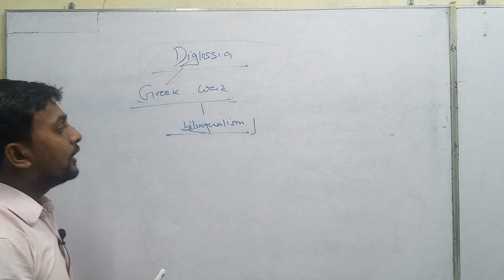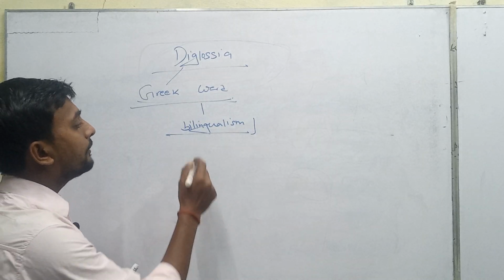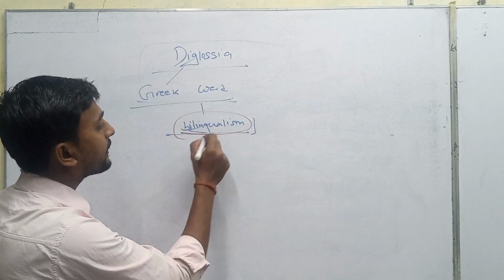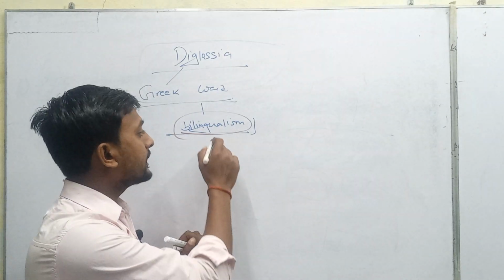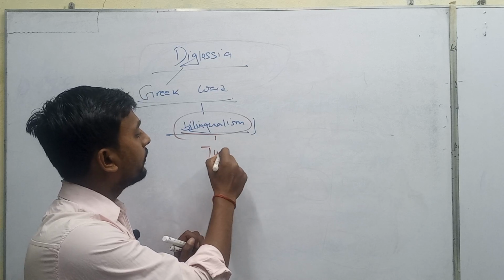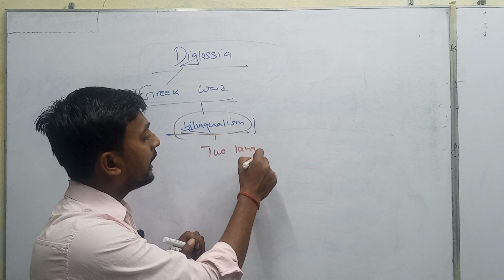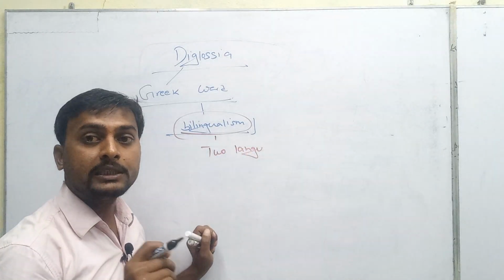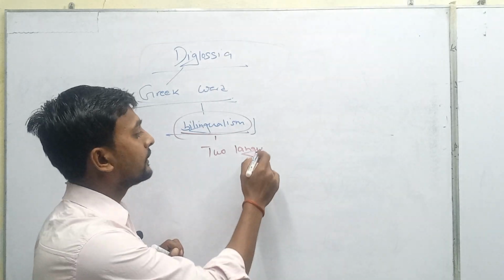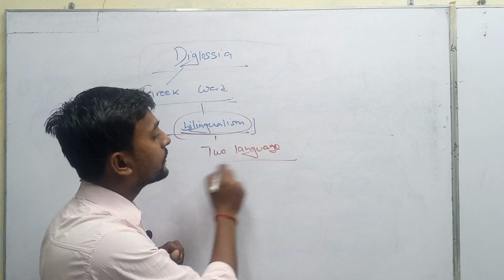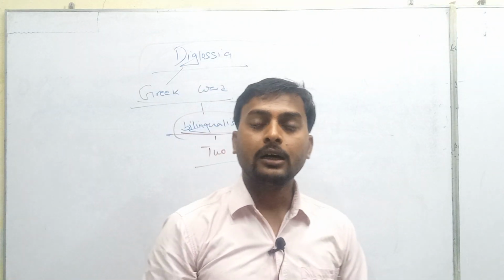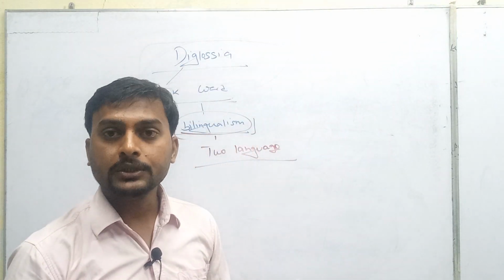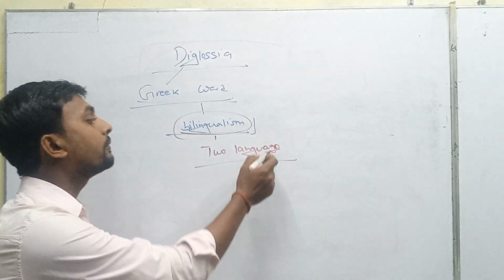So, what is bilingualism? Bilingualism means a person who has knowledge of two languages, who knows how to speak two languages, who is a speaker of two languages.